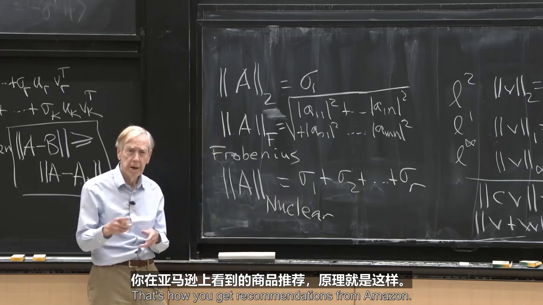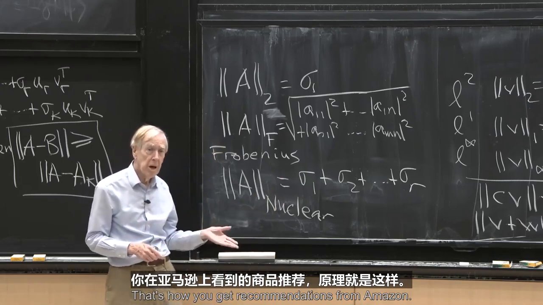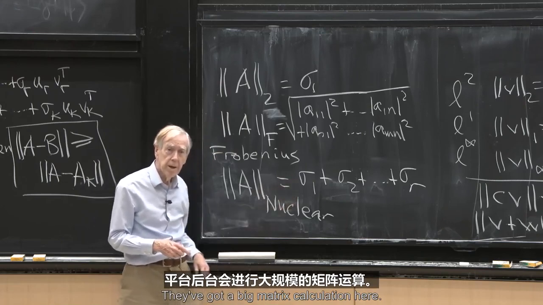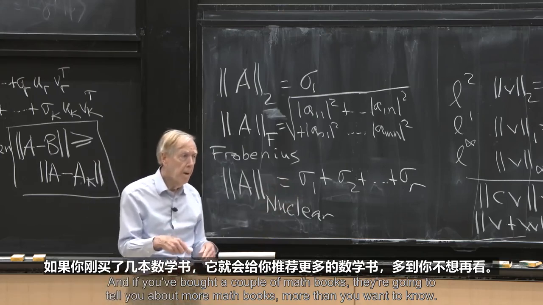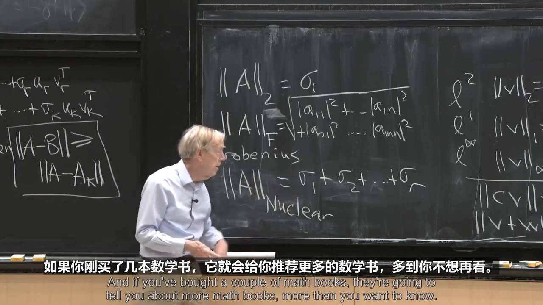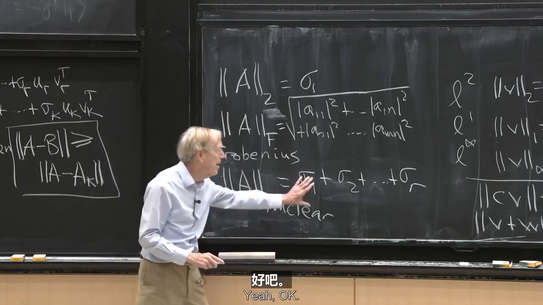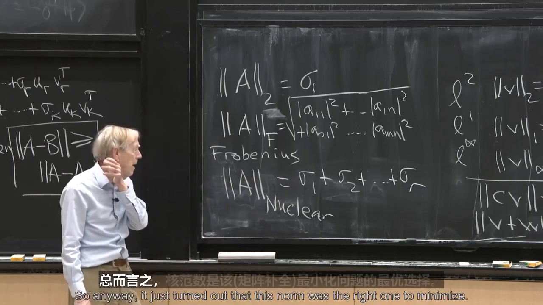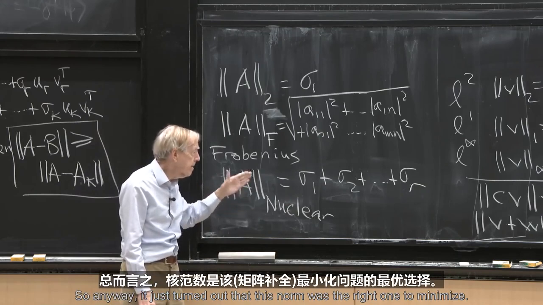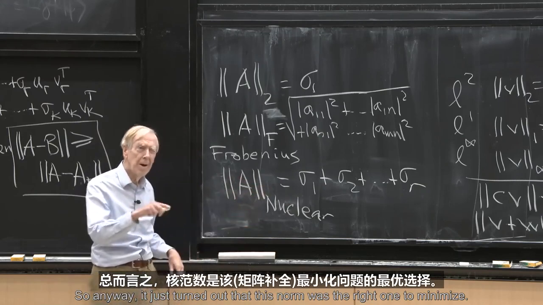That's how you get recommendations from Amazon. They've got a big matrix calculation here, and if you've bought a couple of math books, they're going to tell you about more math books, more than you want to know, right?